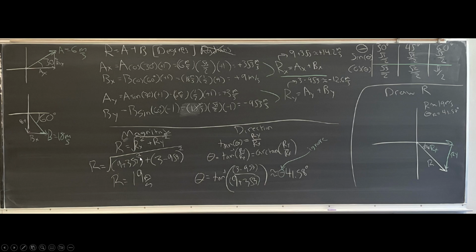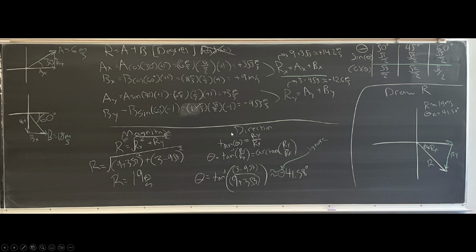Outside of that parenthesis, have a square, plus parenthesis 3 minus 9 square root of 3, parenthesis squared, and then have your other parentheses encapsulating everything if you're typing this into your calculator, and have the square root of the entire thing. This gives us a resultant r of 19 meters per second.